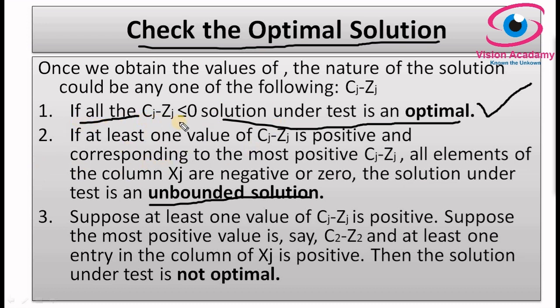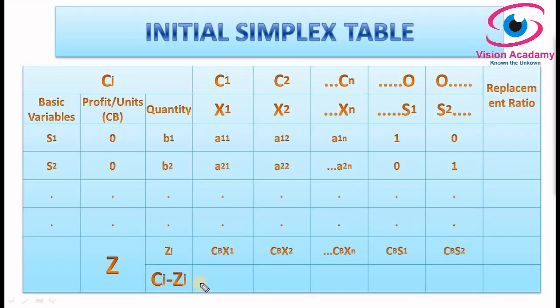So if Cj minus Zj is lesser than or equal to 0, you can stop the procedure here because you reached an optimal solution. If at least one of the values of Cj minus Zj is positive, and corresponding to this positive Cj minus Zj, all elements of xj are negative or 0. Example, Cj minus Zj is not 0 or negative.